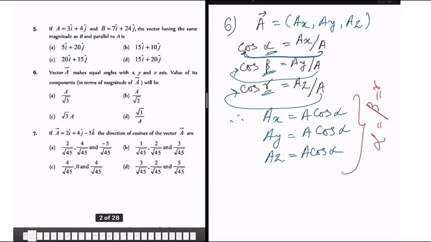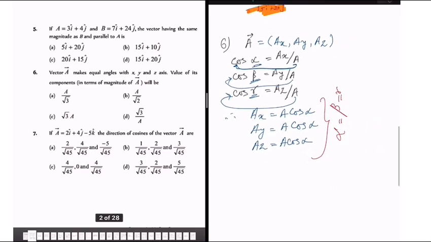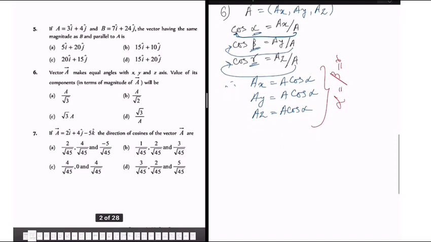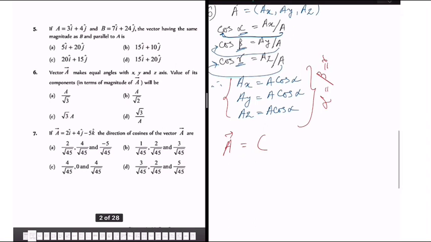Alpha, beta, and gamma are the same. Now, vector A is like this. All three are the same. Say Ax is equal to Ay is equal to Az is equal to A, A, A.